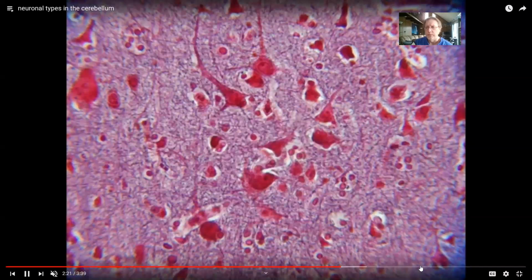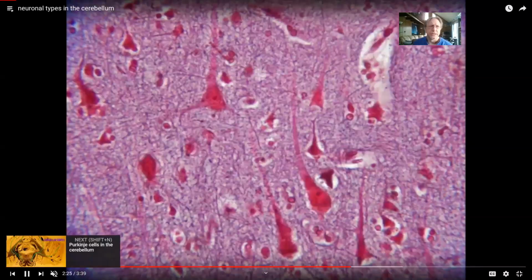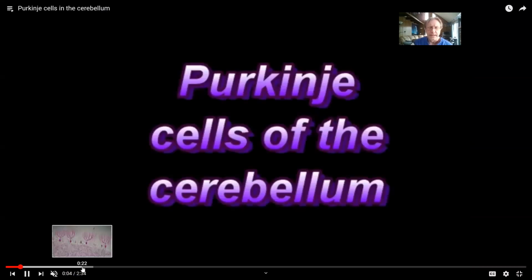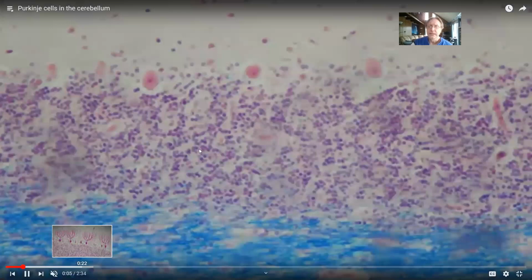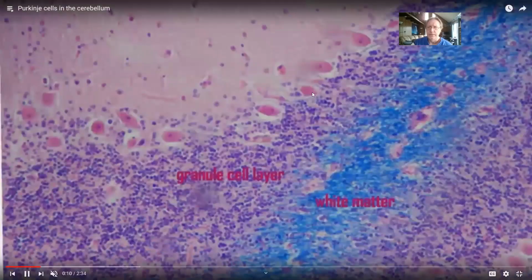So there's all of these different cell types. I go through those. Let me just show you one more on the Purkinje cells, and then we'll move along. And so the Purkinje cells, once again, huge, one single layer, and a flattened tree of dendrites.